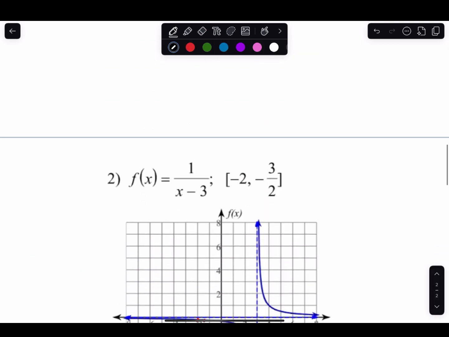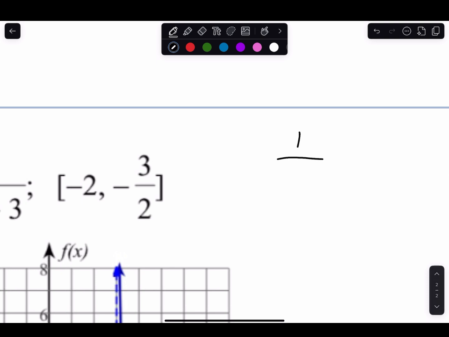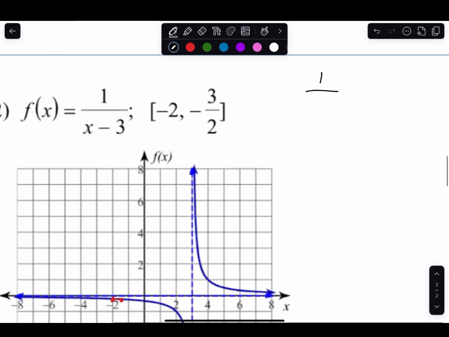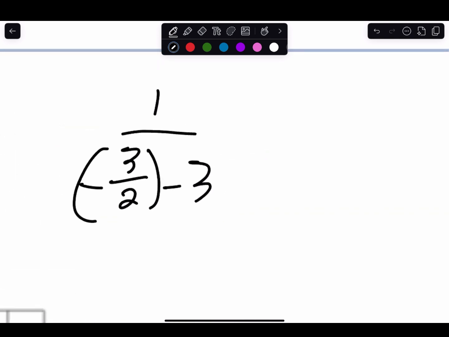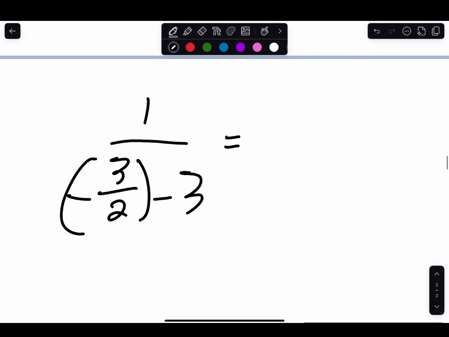And again, we're just plugging it in. So let's plug in the negative 3 over 2, right? Minus 3. And we're just going to try to find a similar denominator, and ignore the numerator in this case.